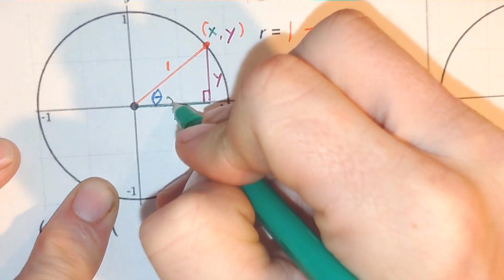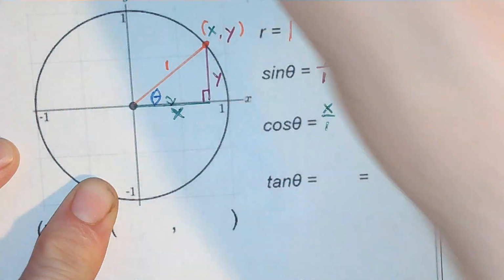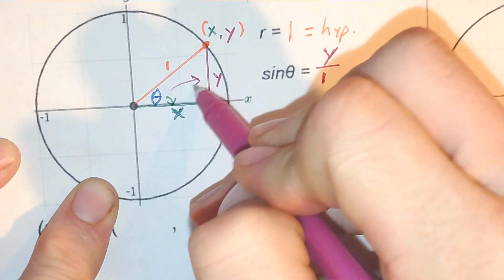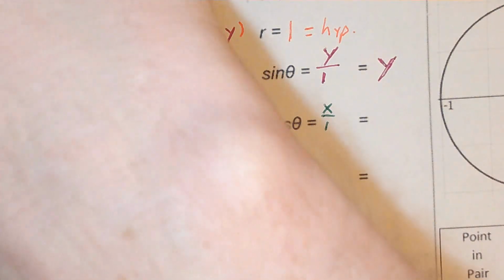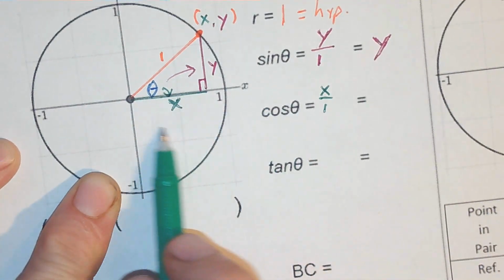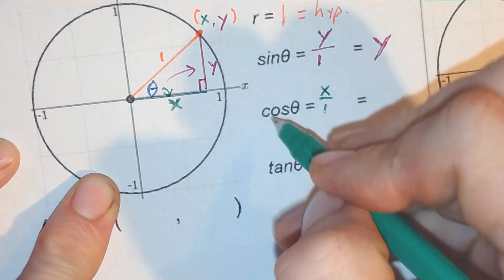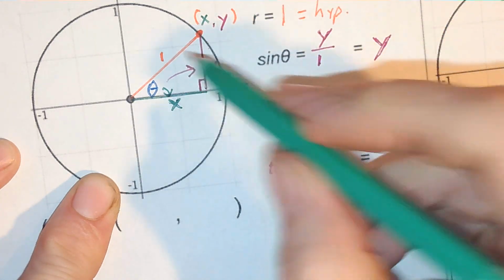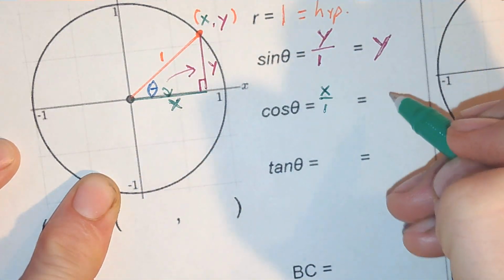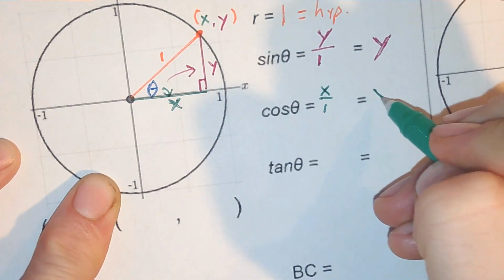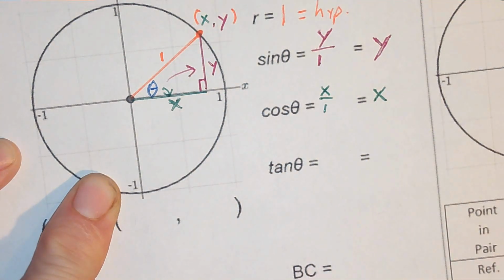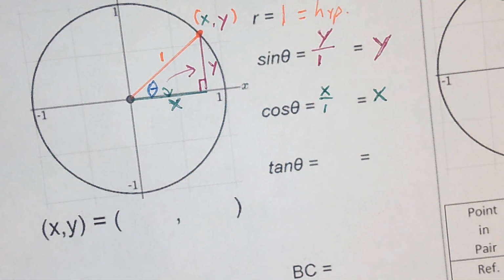Sine was opposite over hypotenuse. Cosine is adjacent over hypotenuse. So if my hypotenuse is 1, then my cosine is just x. Okay?